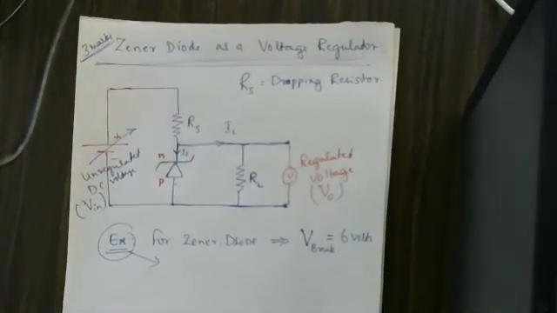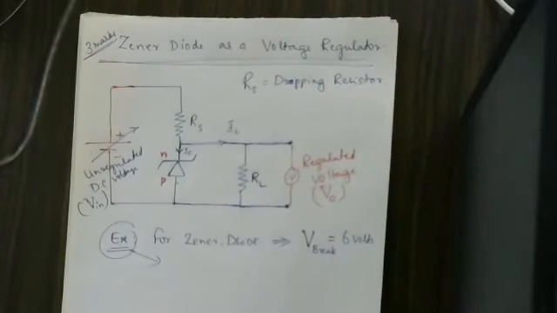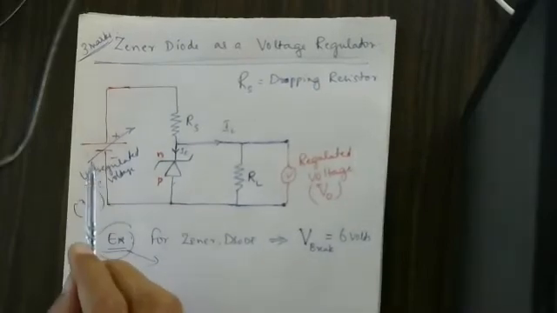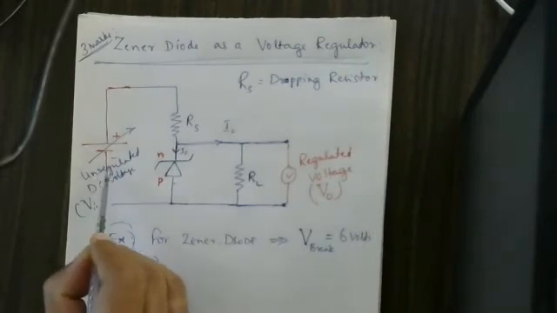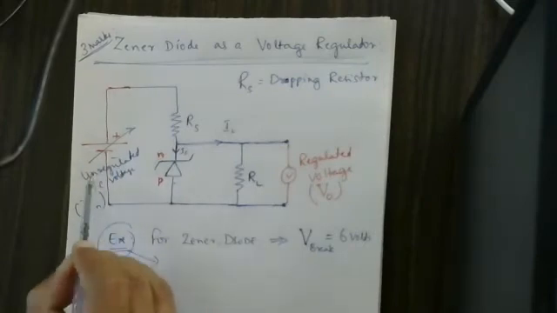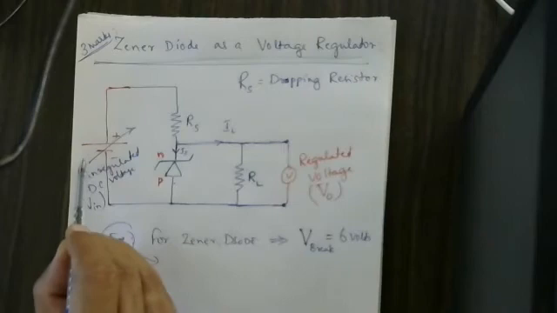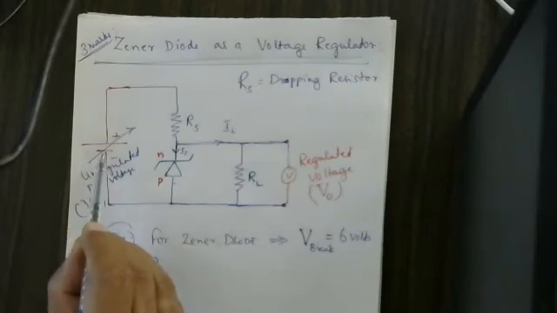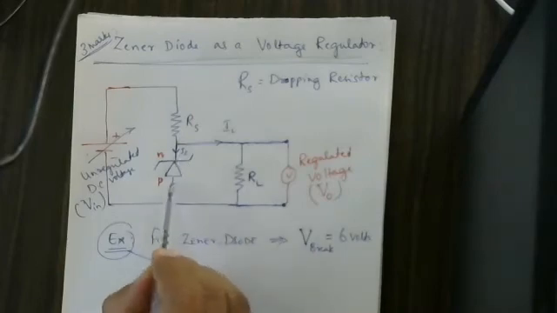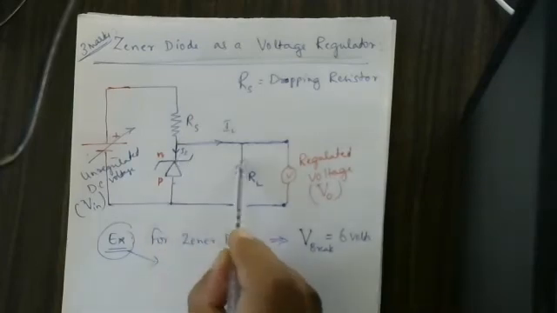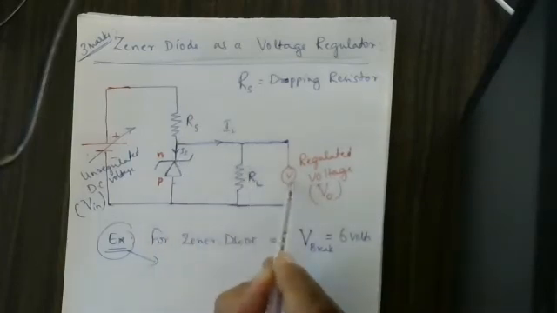Now, again, I will repeat the concept, just to see that two concepts are there here. As the unregulated DC input voltage increases, the voltage drop across the Zener diode remains same. Therefore, across RL, voltage remains same.